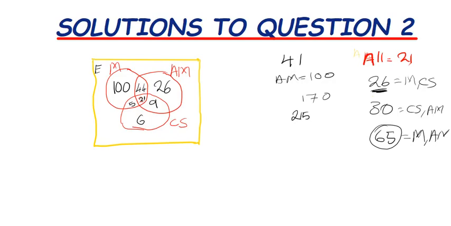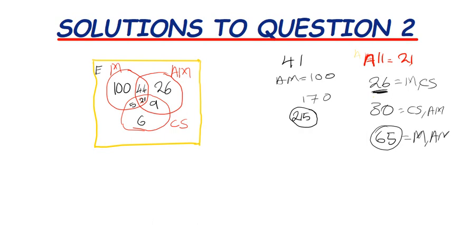So you have to confirm whether this number corresponds to these values. So you are going to add everything: 100 plus 26 plus 6 plus 9 plus 44 plus 5 plus 21. It gives us 211. Now 211, and they have said this is 215.